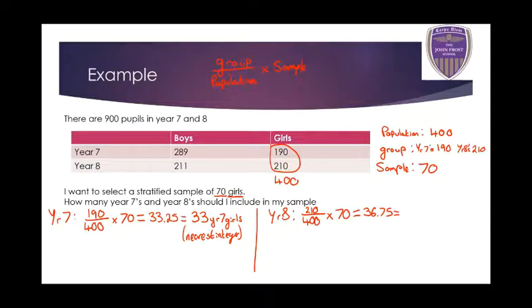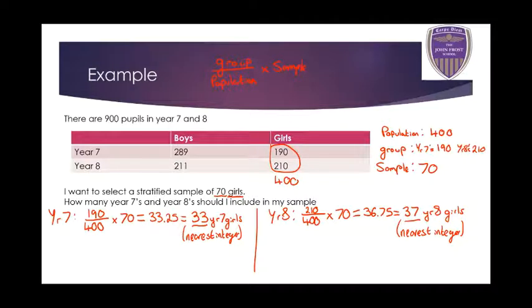We don't like that because it's a decimal, so we're going to round it up to 37 year 8 girls. And just to remind you, that is to the nearest integer. Okay. And just to double check this, because our total sample size has to be 70, just double check yourself. 33 plus 37, that does indeed equal 70.